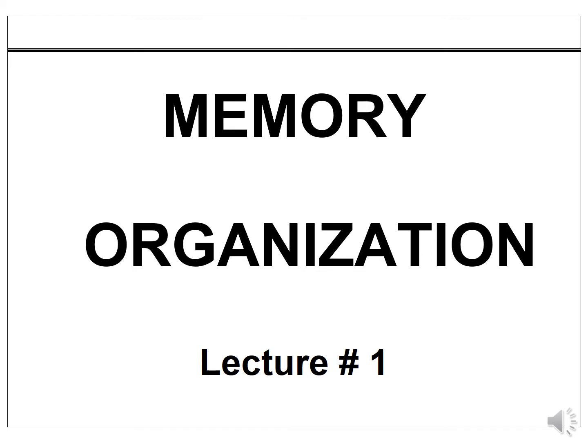If you remember, when we started off this subject, we talked about the basic block diagram of the computer. On one side we had the input device, on the other side we had the output unit, and in between we had the CPU having the ALU and the control unit, and then we had the memory.